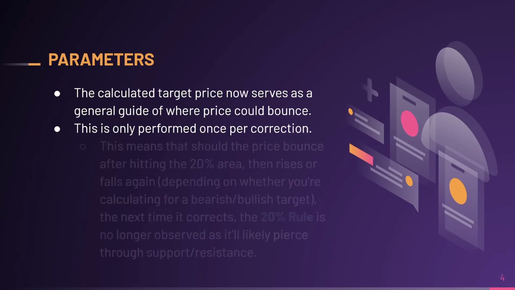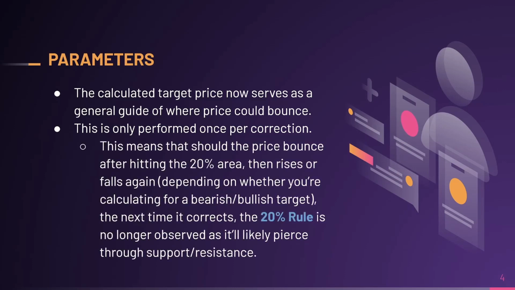Only once per correction. This means that should the price bounce after hitting the 20% area, then rises or falls again, depending on whether you're calculating for a bearish or bullish target, the next time it corrects, the 20% rule is no longer observed as it will likely pierce through support or resistance.